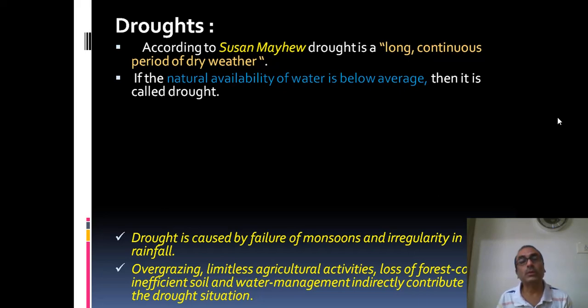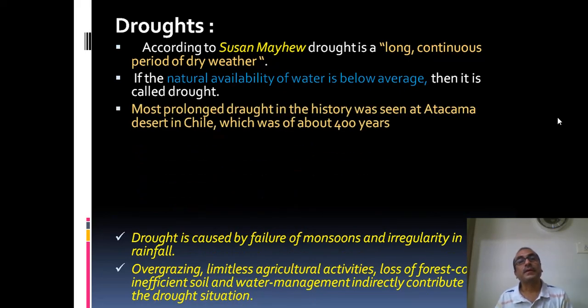The most prolonged drought in history has been that of the Atacama desert in Chile, where people suffered for around 400 years, with very little or negligible rainfall.